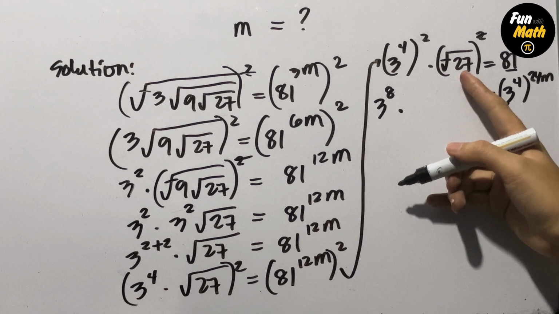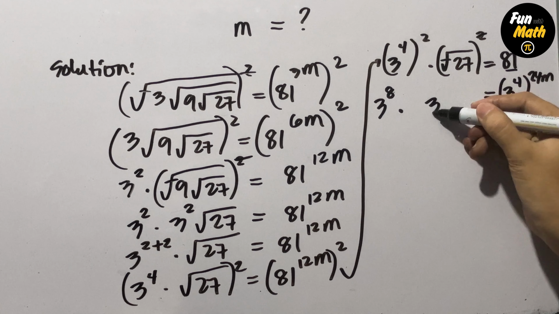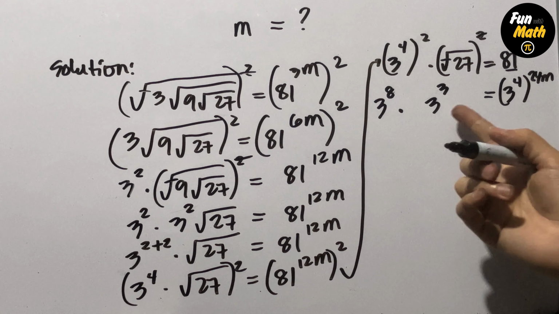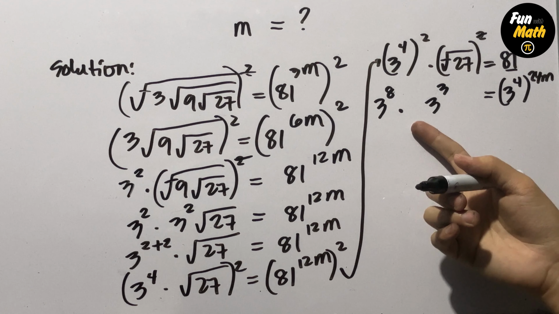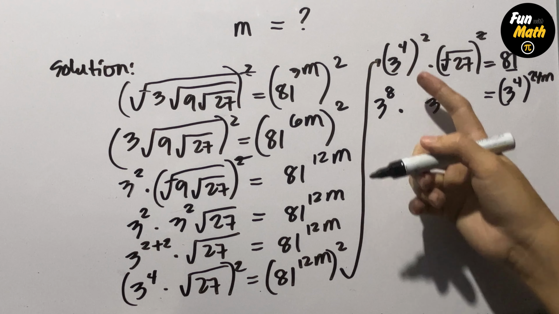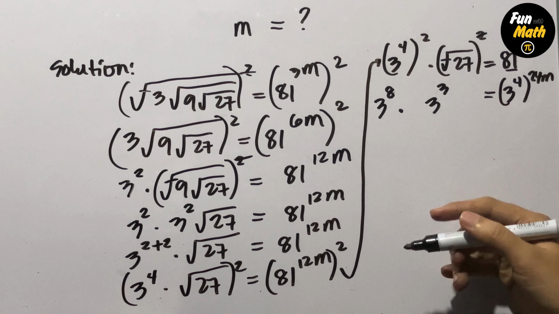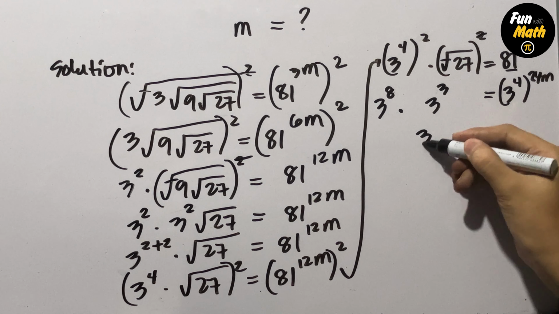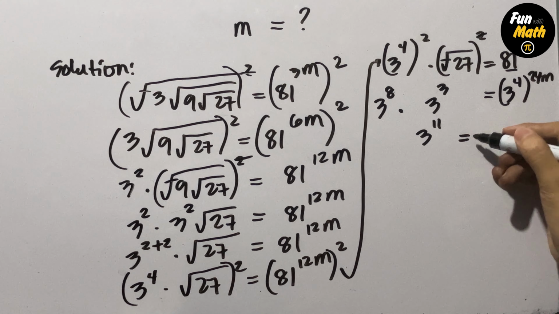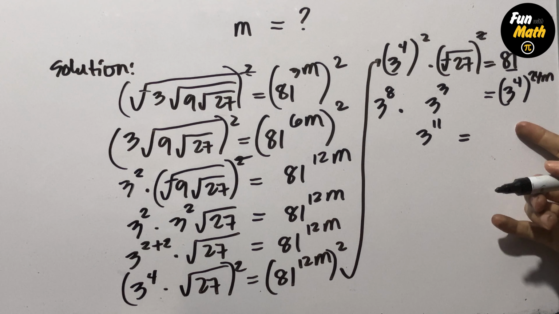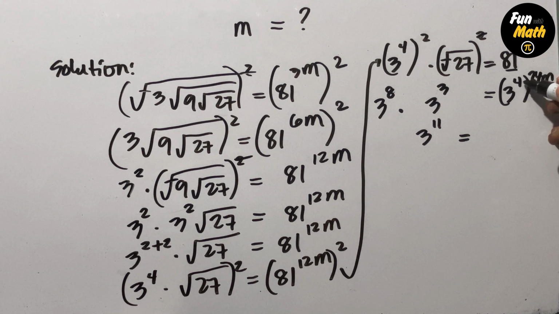Now for 27, we can write it as 3 cubed. So now that they have the same base, that means we can add the power. 8 plus 3, that is 11. So this is now 3 to the power of 11 equals this same power to a power, we can multiply. 4 times 24m, that is 96m.